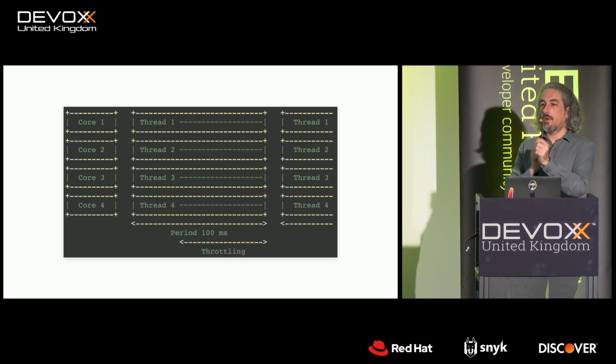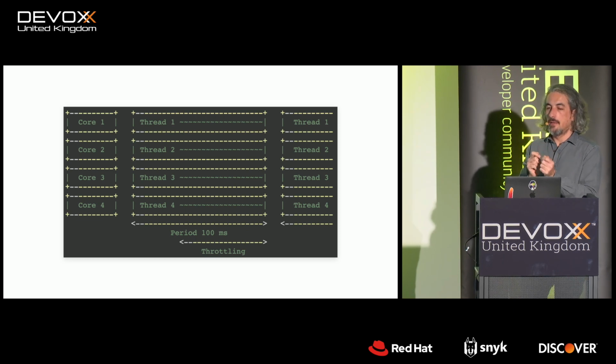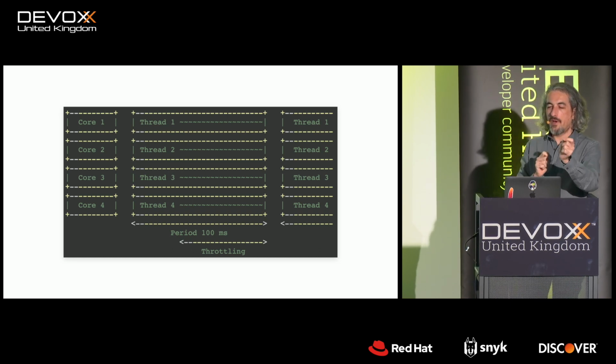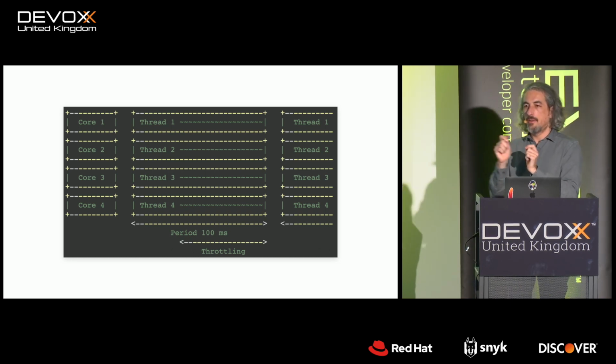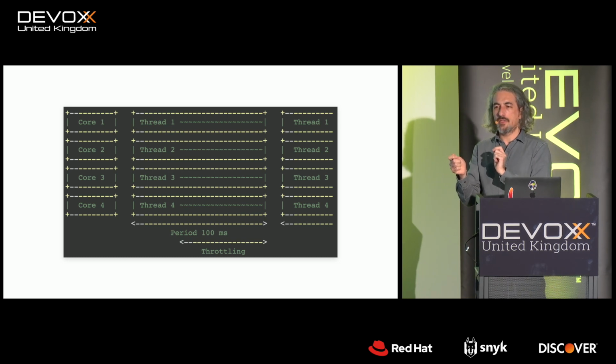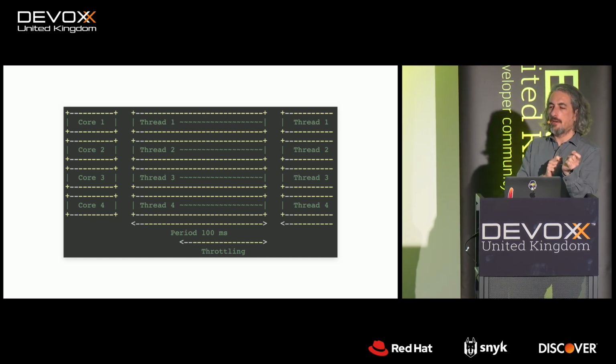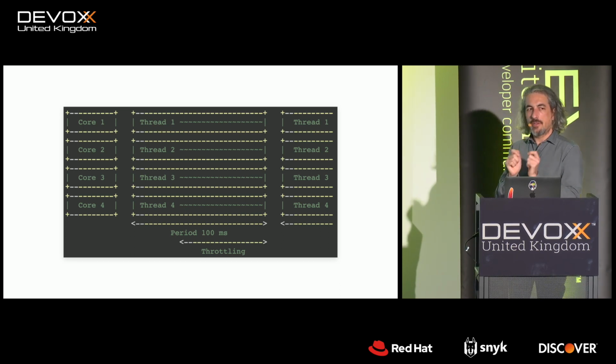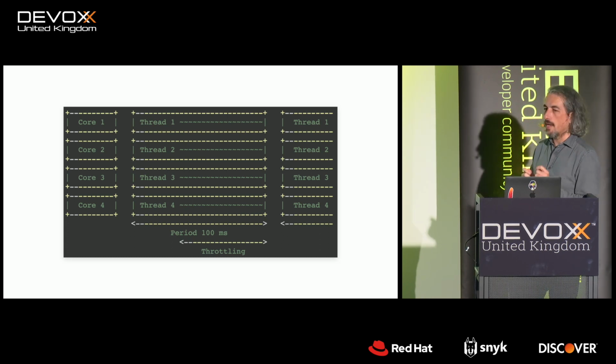Imagine you are serving request responses and things like that. It's not like, oh, things are very slow. No, it's, things are working for 25 milliseconds, then nothing happens for 75. The next cycle is the same thing. So something happens, nothing happens, something happens, nothing happens, and so on. So it's a very tricky situation to get in.